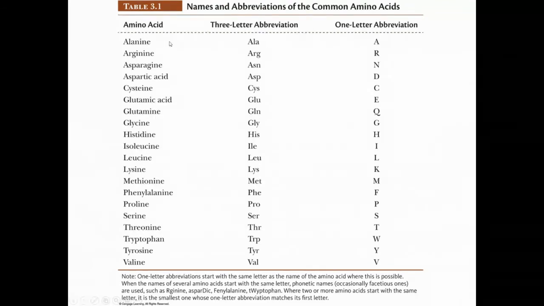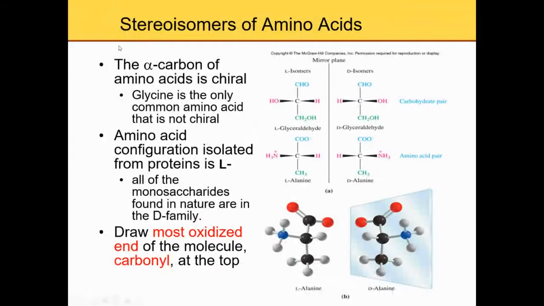You should know the connection of these 3-letter and 1-letter codes, which refer to the full name of the amino acid. And regarding stereoisomers, glycine is the only common amino acid that is not chiral.